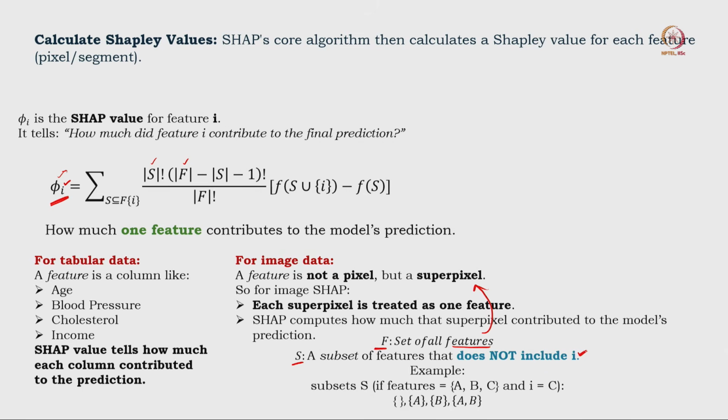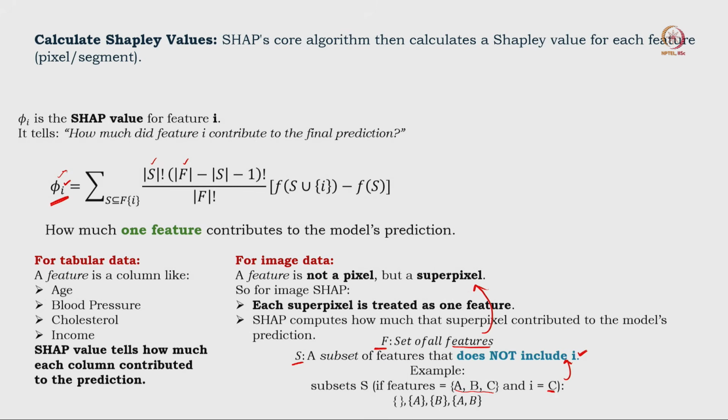What is the meaning of this? Suppose we have considered F as totally 3 superpixels, 3 features; the entire image is divided into 3 superpixels. Let those 3 be A, B, C, and i is C. If this is the case, go back to this definition. What does it say?